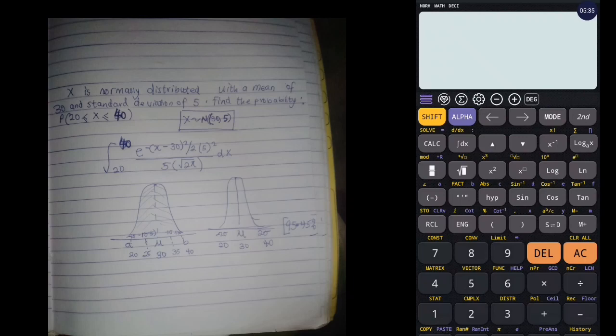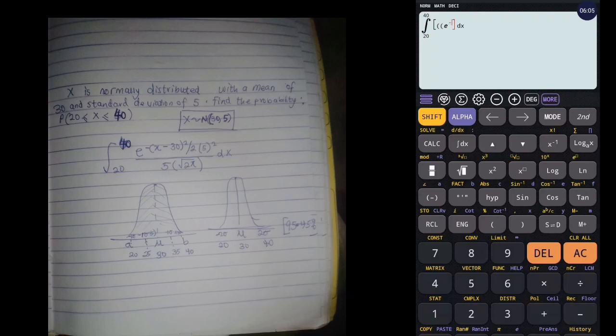So the first function we call is our definite integral. We have lower boundary as 20, the upper boundary as 40. We type 2 brackets, so don't forget 2 brackets. We have shift and ln to get our e.